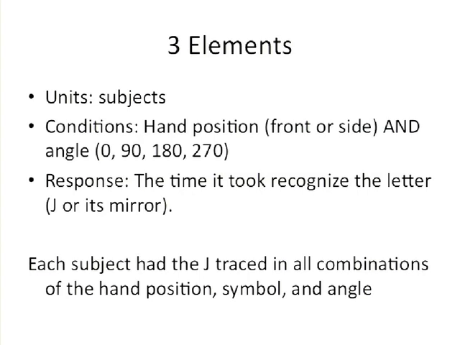And every possible combination of that. How many times would I have to ask a subject to do that if they got each one of these once? 16. There are 16 different combinations.